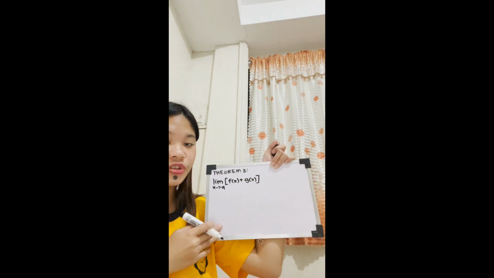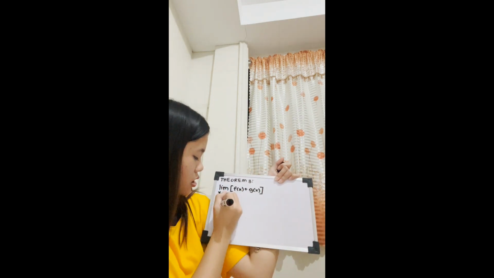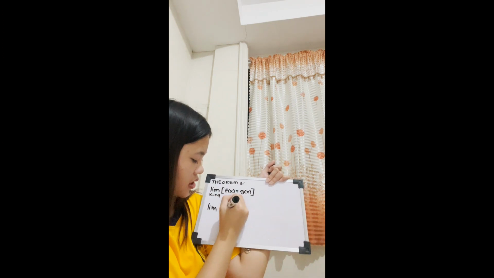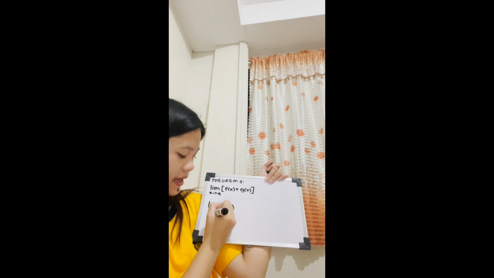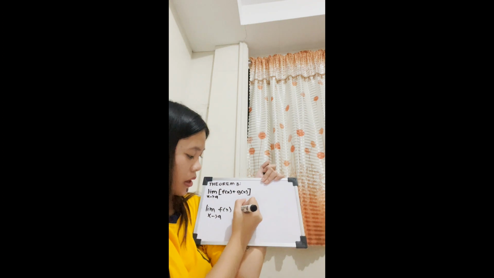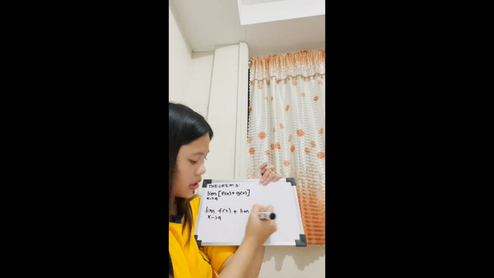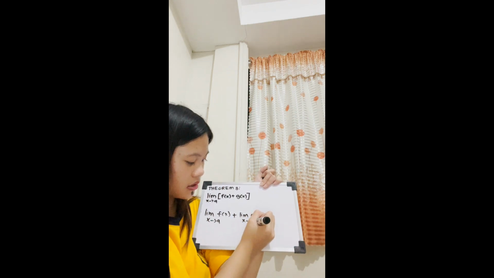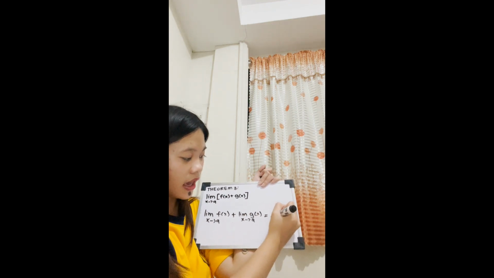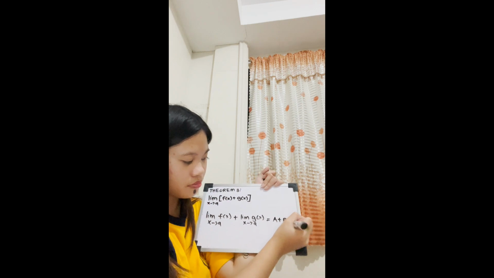How to solve theorem 3? Limit f(x) as x approaches a plus limit g(x) as x approaches a is equal to a plus b.